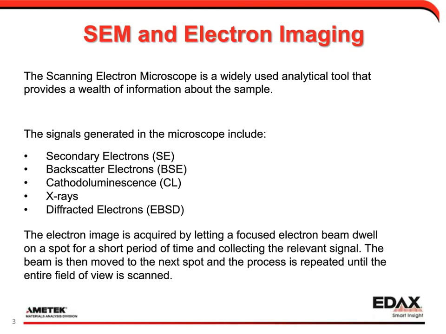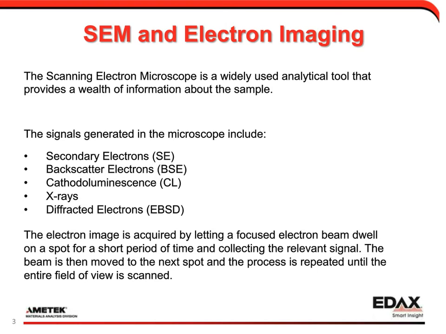So the way the microscope works is that we have a very finely focused beam of electrons coming down onto the sample. We let that beam dwell on different spots for a very short period of time and collect the signal we are interested in, which can be any or several of the signals we mentioned just now.